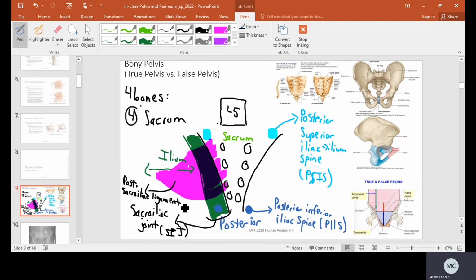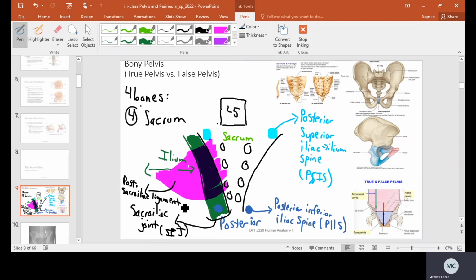When it comes to function, they just keep the sacrum and the ilium together. So that's what a ligament does, right? Think back to last semester. What's the job of a ligament? A ligament attaches bone to bone, and its job is to not allow those bones to move more than what they're supposed to. We've seen some ligaments that are more stretchy, like we're going to get into the ACL and PCL.